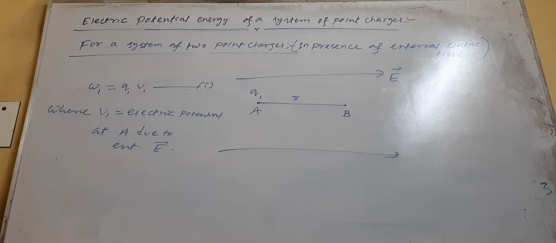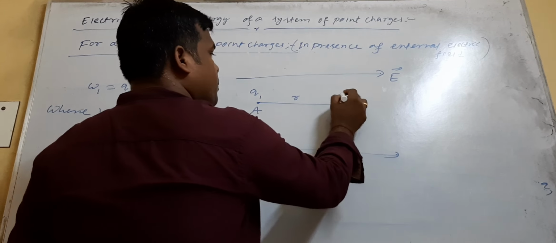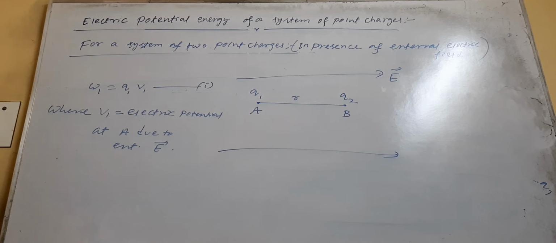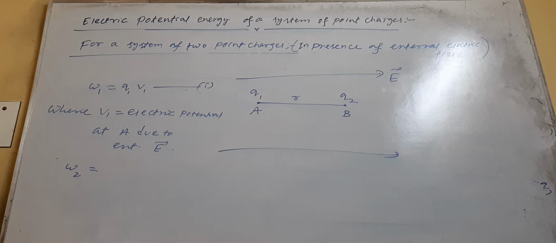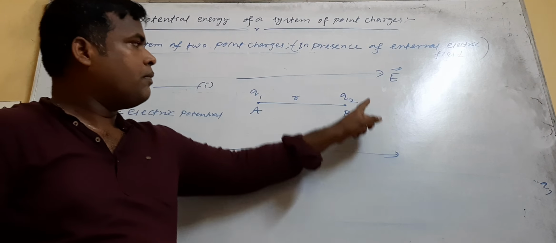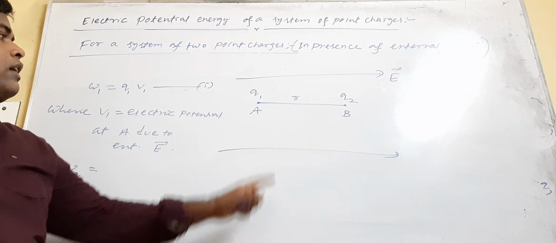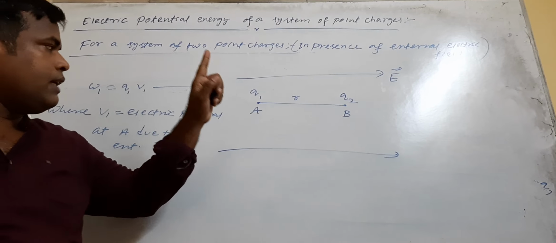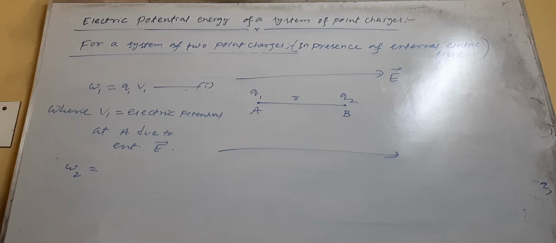Now you bring Q2 from infinity to the point B. What is the amount of work done? In bringing Q2, the amount of work done is first the work done against the external electric field and the work done against the electrostatic force experienced due to this charge.